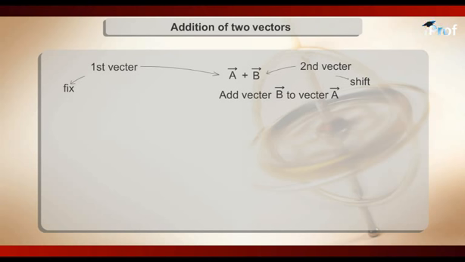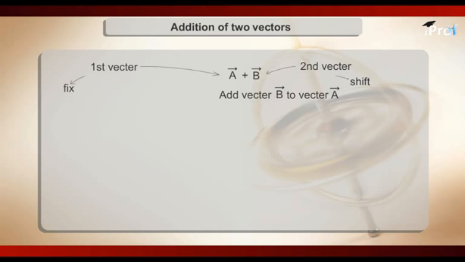How? Shift the second vector in such a way that the tail of vector B comes above the head of vector A. And what will be the resultant vector? The resultant vector will be the vector of the line joining the tail of vector A to the head of vector B.